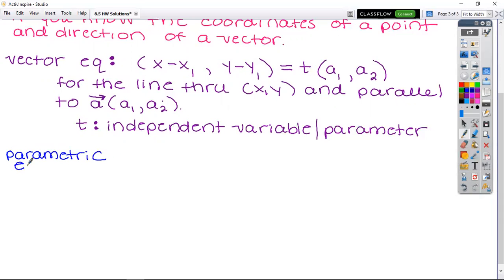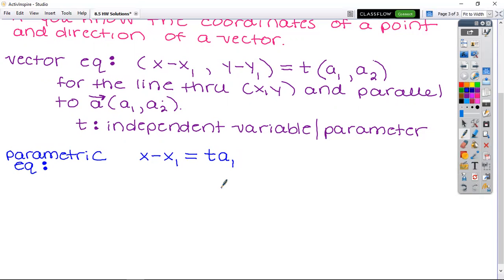You're going to be asked to find both of these today, based on a point and the direction of a vector. So your parametric equations are found with x minus x1 equal to, and think about distributing: t times a sub 1. Then you're going to manipulate these into what it looks like on your formula sheet.